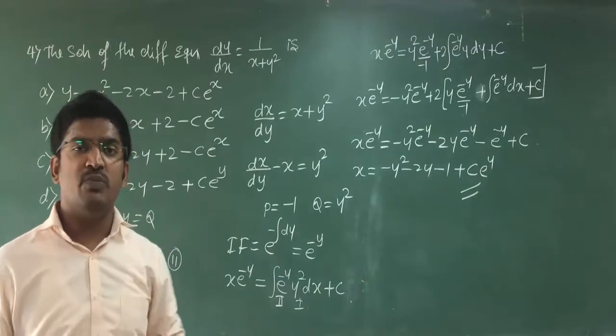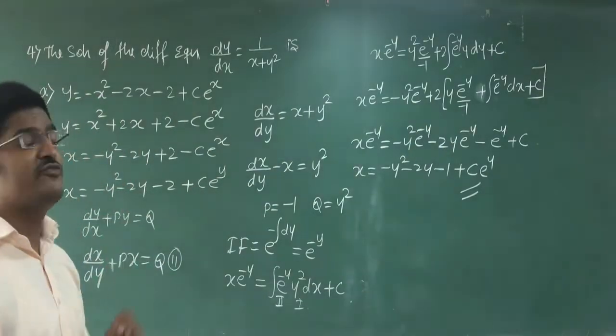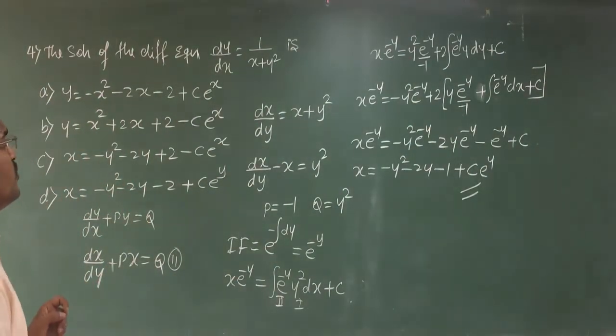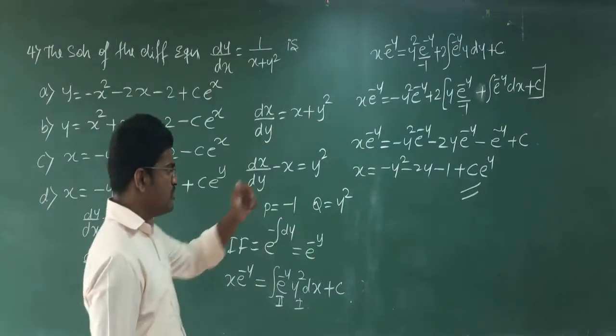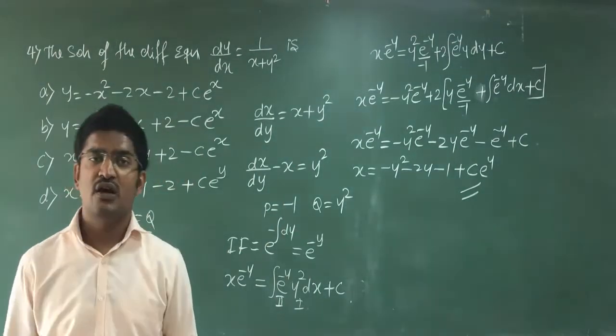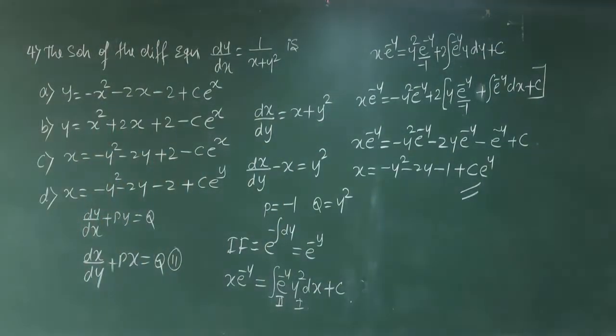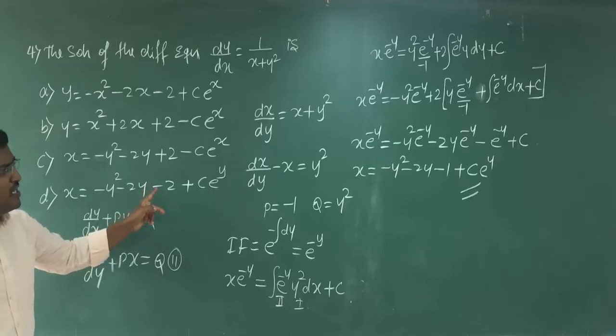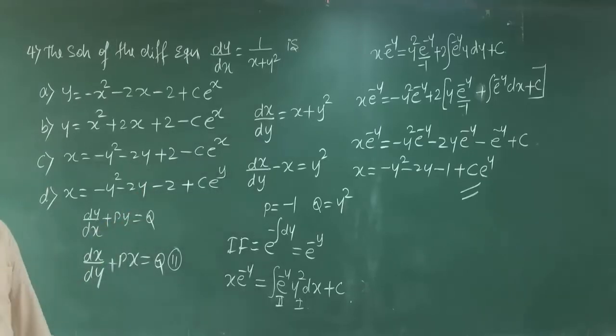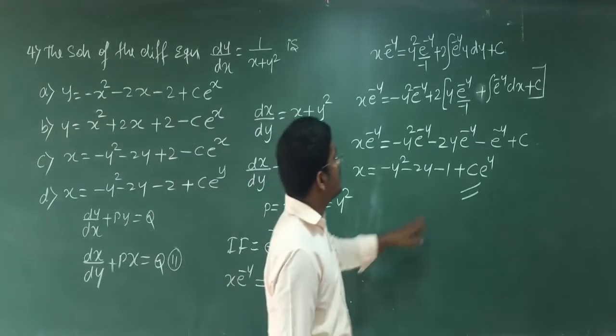That means you must be perfect in solving the ILATE form. Are you clear? If you are perfect in solving the ILATE form, then the solution will be very easy. So now what is your answer? x equal to minus y square minus 2y minus 2. But here we got minus 1.